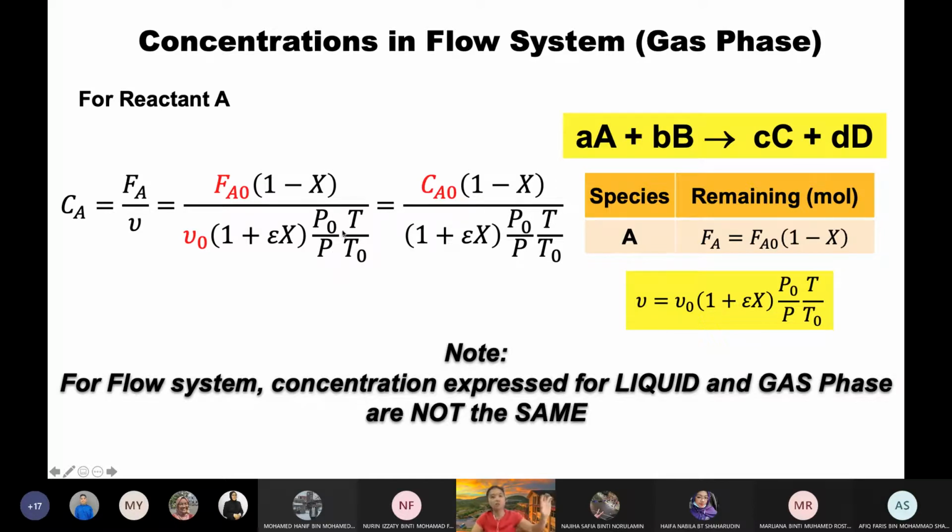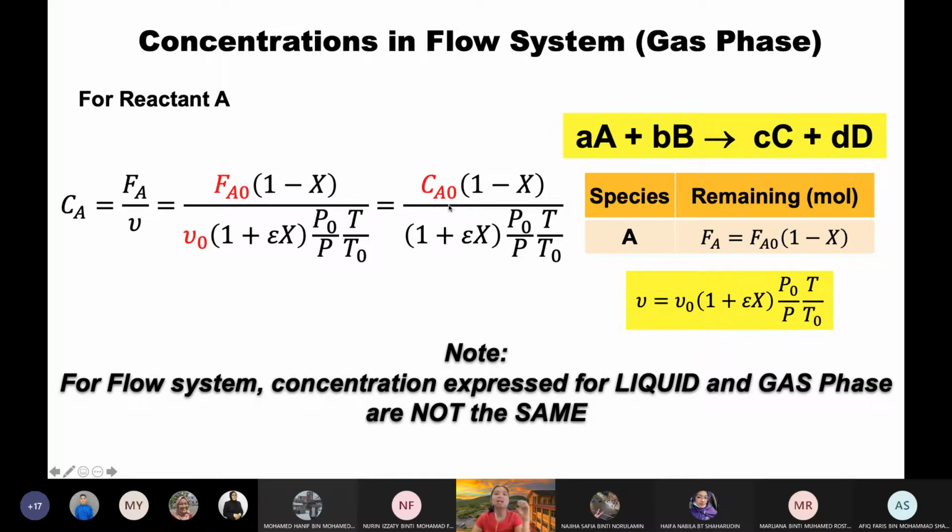So kita kena tulis the whole expression kat bahagian bawah. Then, I still can do FA0 kat atas, I can still divide with the bottom V0. Okay. So I get what? Kalau FA0 divided by V0, you get CA0. So jadi CA0 in bracket 1 minus X.